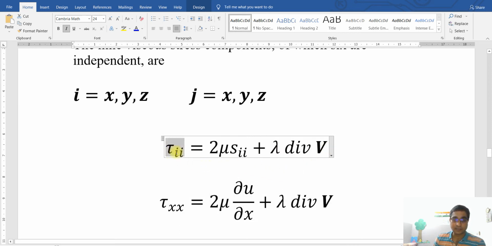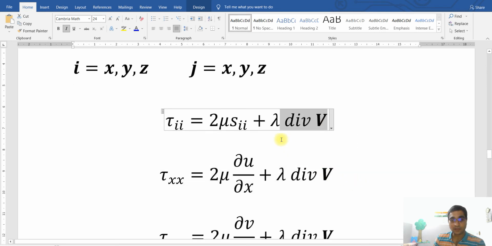The stress component also has contributions from the volumetric deformation, and this lambda is called the secondary viscosity of the fluid.